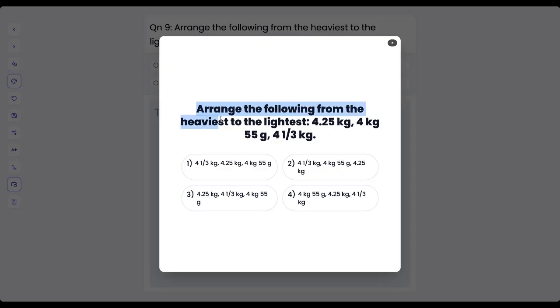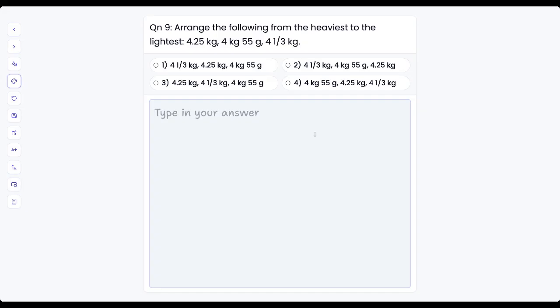Arrange the following from the heaviest to the lightest: 4.25 kg, 4 kg, 55 grams, and 4 1/3 kilograms. The easiest way is to convert everything to kilograms and grams.